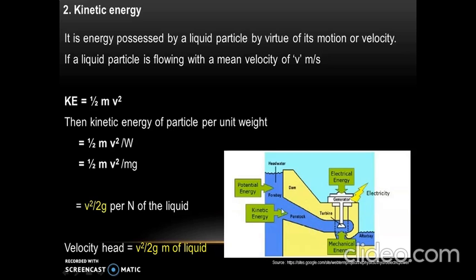So here we can see the penstock, which is nothing but a pipe through which the water flows from reservoir onto the turbine. So when water flows on the turbine, the energy gets converted into mechanical energy as there will be rotation, and this mechanical energy will be converted into electrical energy.